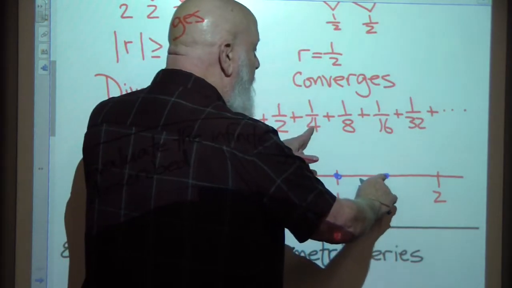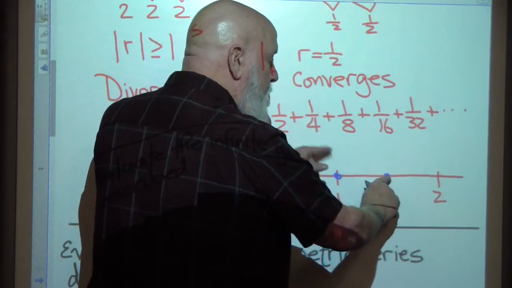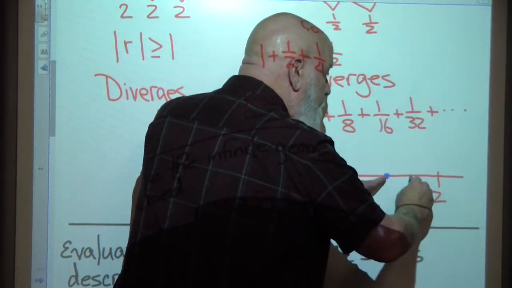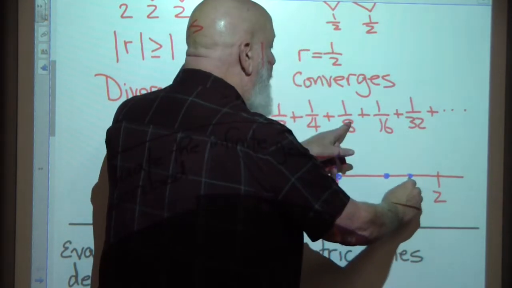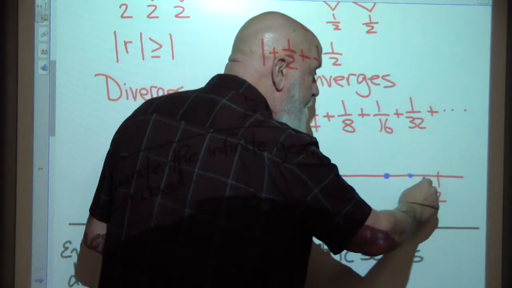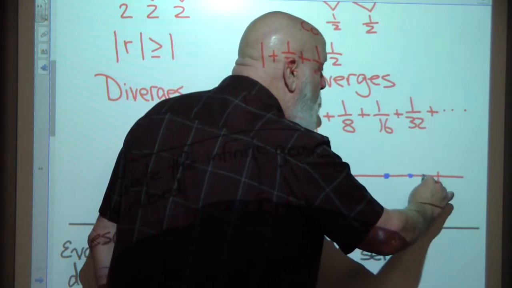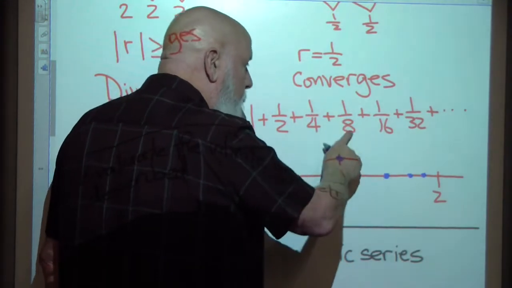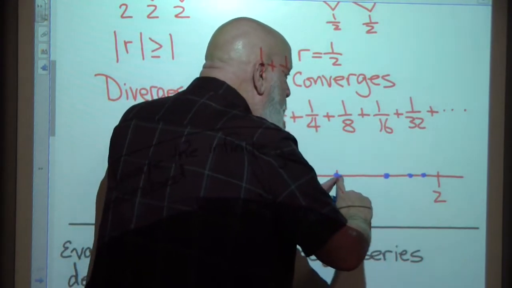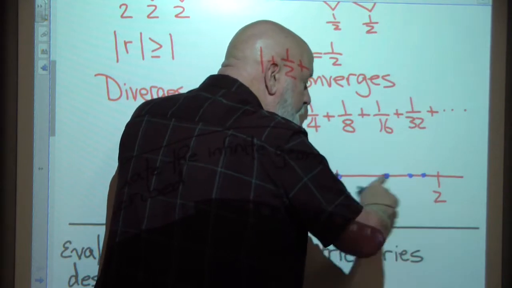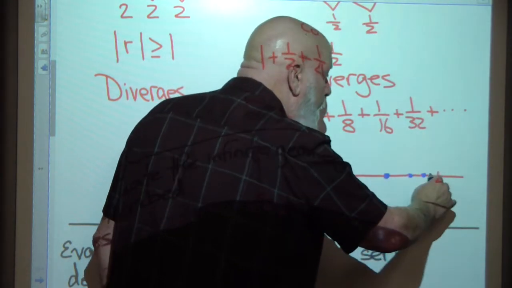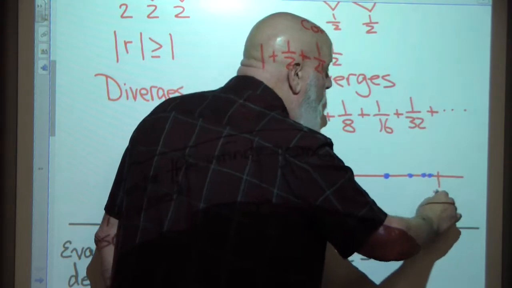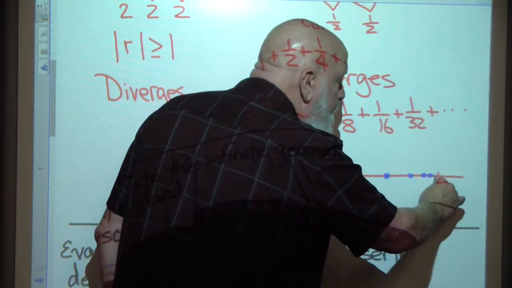If I add 1/4, half of this distance is 1/4. If I add 1/8, half of this distance is 1/8. Adding 1/16 to this sum is going to be right here. If I add 1/32, it'll be half of this.